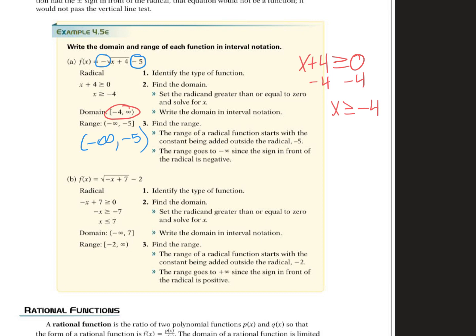Okay, let's do B. I think that'll make more sense. Starting with the domain, take what's under the square root and set it greater than or equal to 0. Subtract your 7. Divide by -1. When you're dividing by a negative, you flip that inequality.